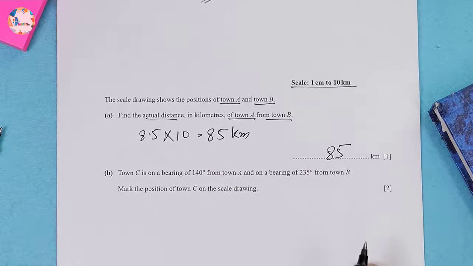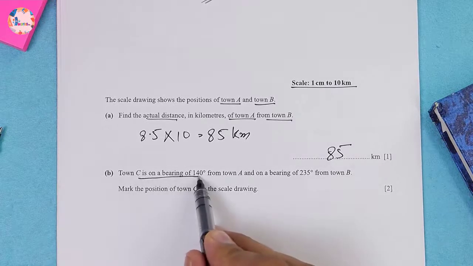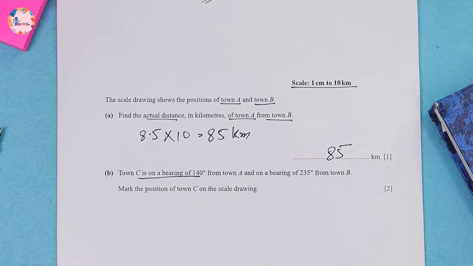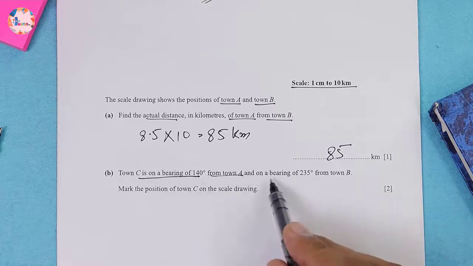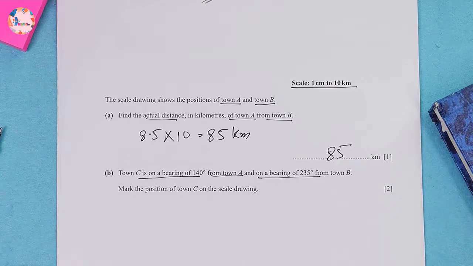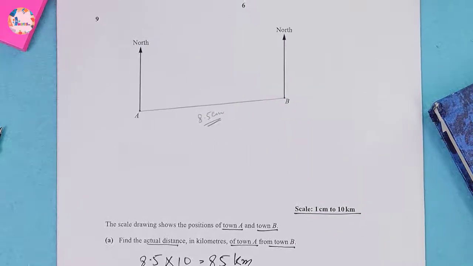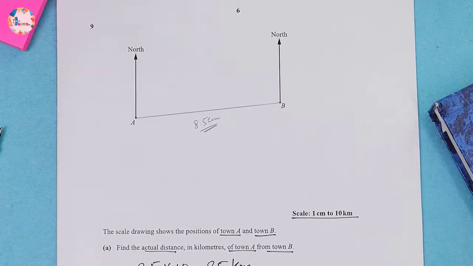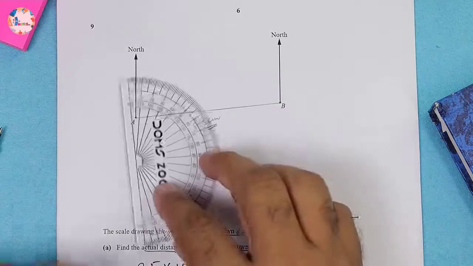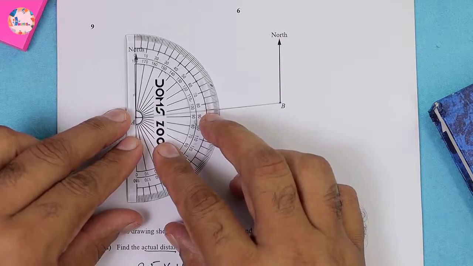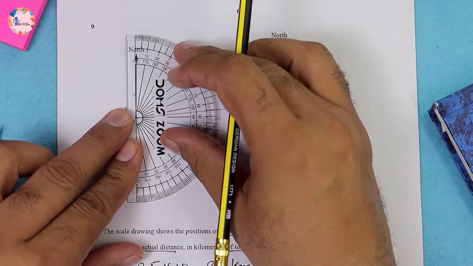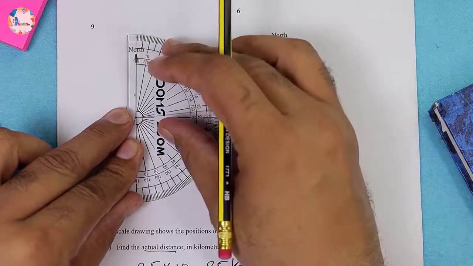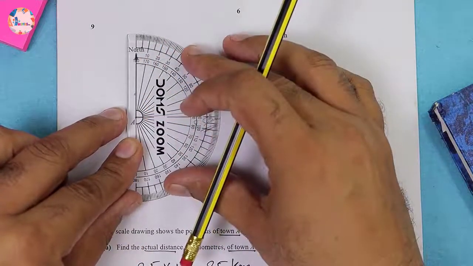Now town C is on a bearing of 140 from A and a bearing of 235 from B. So first of all, from town A, 140, we will check with the help of a protractor. We fix the protractor like this, the zero line over here and the point over here.